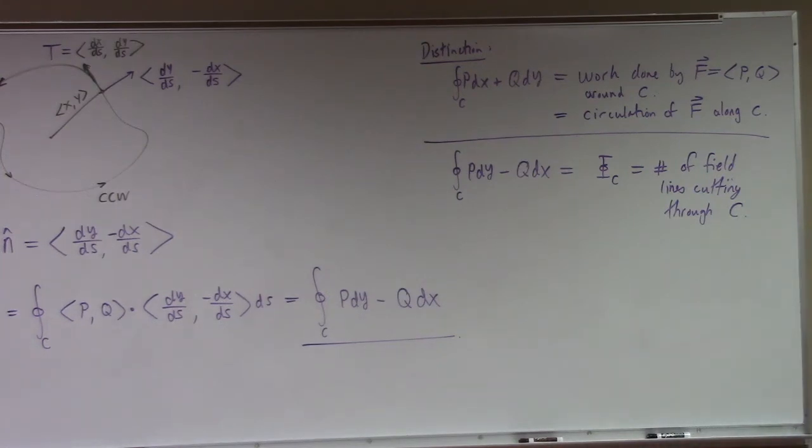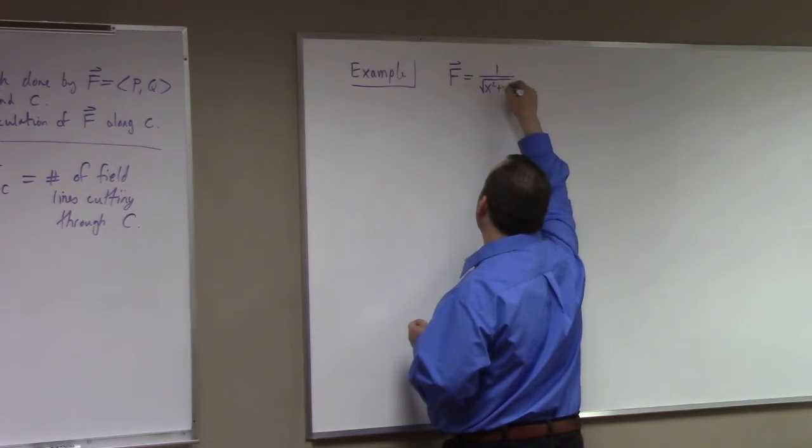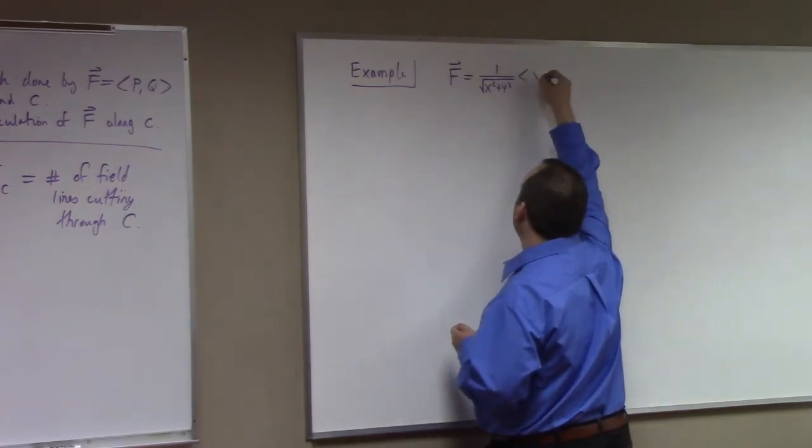Let's do an example. Let's actually try to work out the one I drew the picture of, which is really nice, the radial vector field. Let's look at F equal to, let's say, 1 over the square root of x squared plus y squared, x comma y.